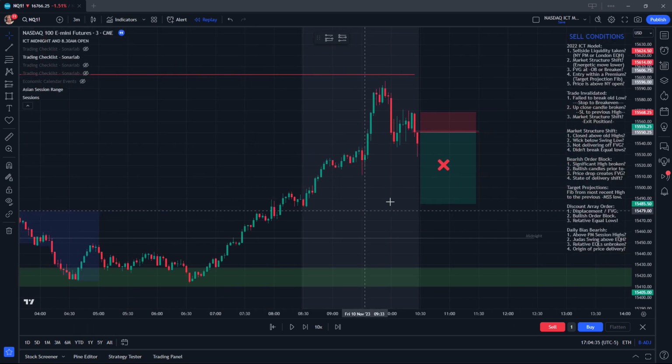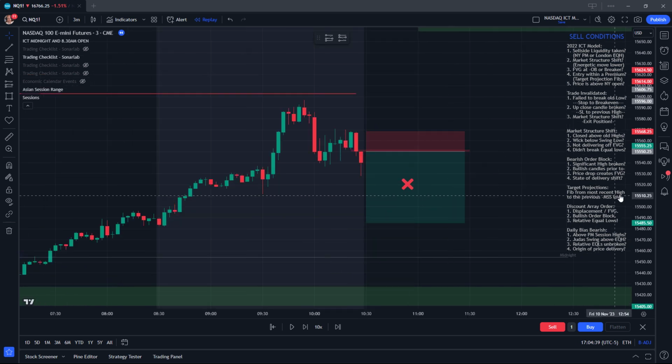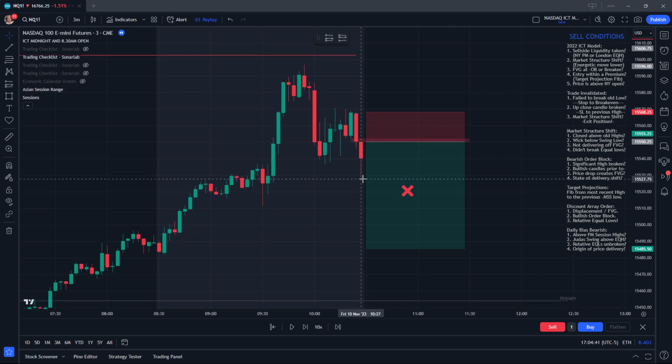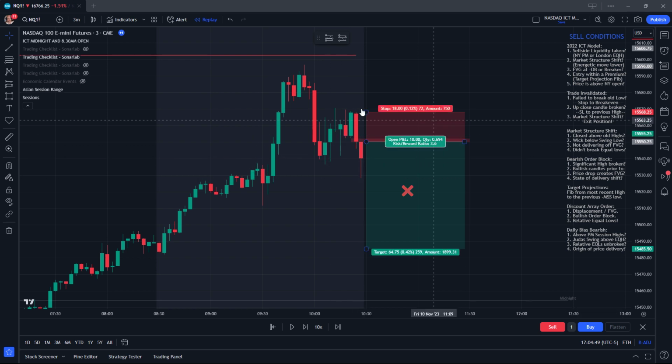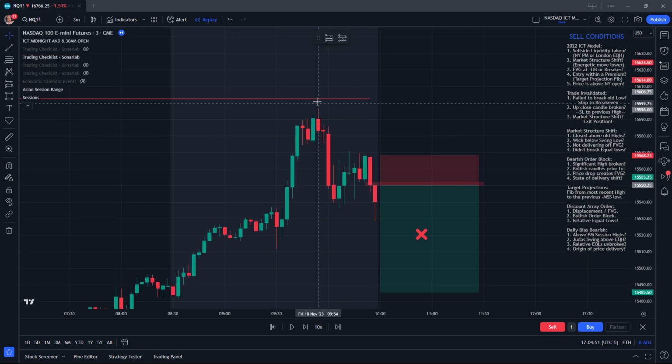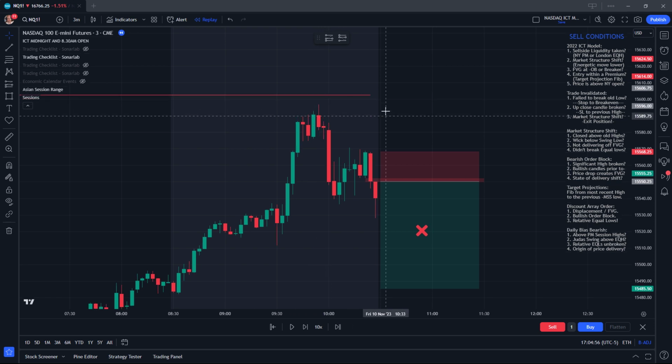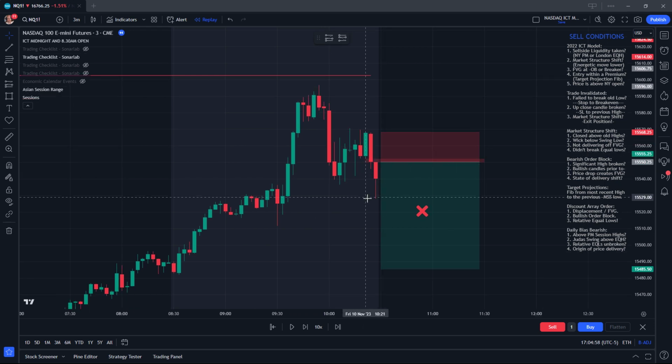Now coming back into the 3-minute, looking at our market structure shift, we ask: is that the market structure shift we can use with this fair value gap? Did it close above an old high? Not really, that's the PM session high. Did it wick below a swing low?